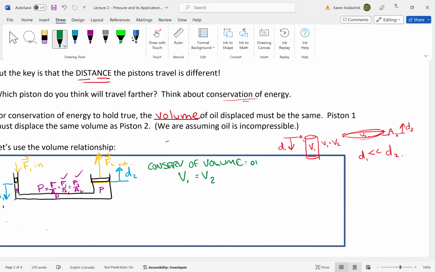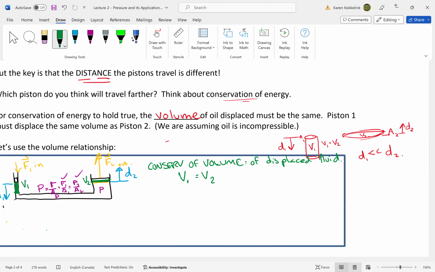Conservation of volume of displaced fluid. Okay, so we're going to displace this fluid by pushing this piston down this much, D1, and we're going to displace this volume by pushing up this piston. And so this is volume 1 displaced, and this is volume 2 displaced, which I drew smaller because I'm pretty sure it's not going to go as far.